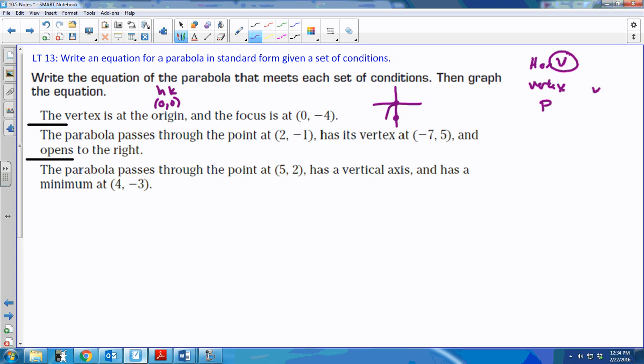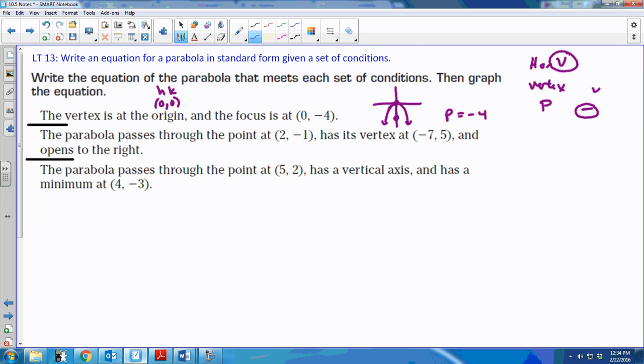And the focus is always inside the parabola. So I know it's opening downwards, which means P is going to be negative. Question so far? Now I actually need P to write the equation. So how far is the vertex from the focus? 4. So then I know P is -4.